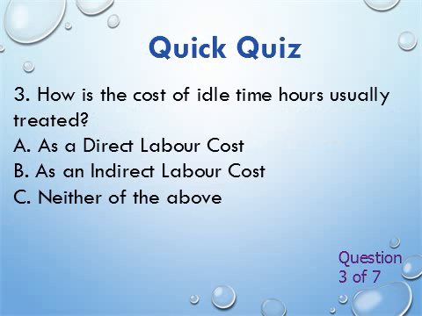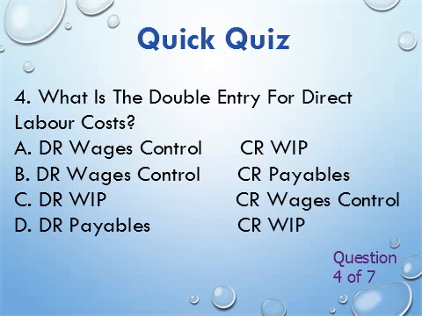Question 3. How is the cost of idle time hours usually treated? A. As a direct labor cost. B. As an indirect labor cost. C. Neither of the above. Question 4. What is the double entry for direct labor costs? A. Debit, wages control.